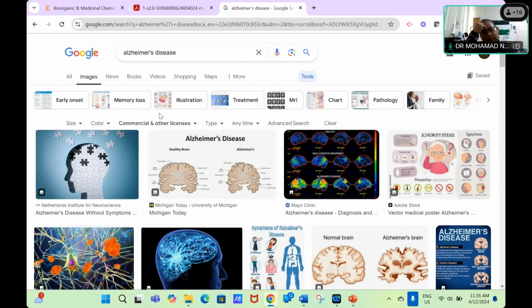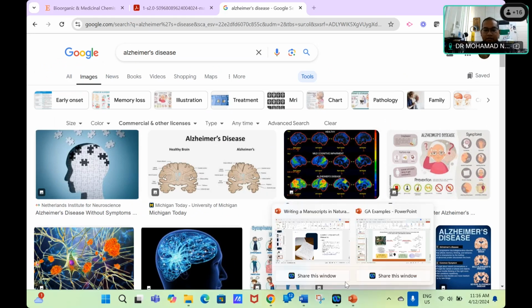If I'm not mistaken, it's an open license, so everybody can use this figure in their article. So try to explore and find a way to do it. One thing you can do is use Canva also. They have a huge collection of pictures. So this is what we can do.